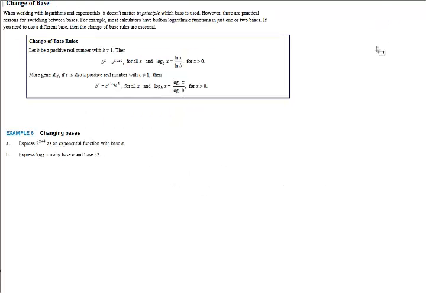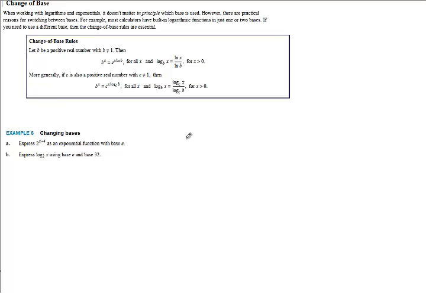Now, the change of base formulas used to be extremely important when we had calculators that wouldn't do logs of different bases. Now our calculators will do logs of different bases. So I can still use these formulas.